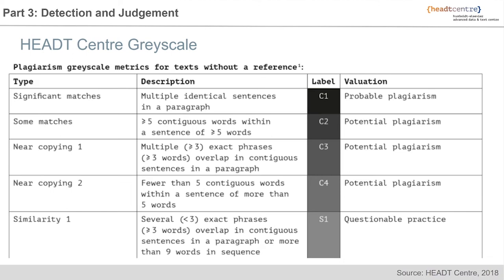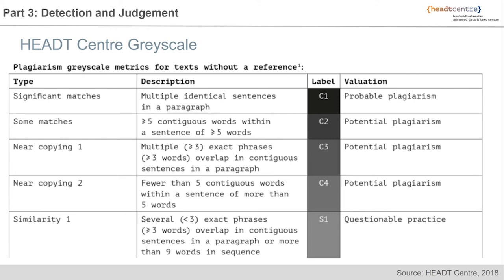Another group of copying issues has to do with matches, where you have exact match and you've got several sentences. Yes, that's pretty certainly plagiarism. The number of contiguous words in a unit matters, and the point of the rest of this grayscale is really to say, what are the number of words, what is the unit that we are talking about?